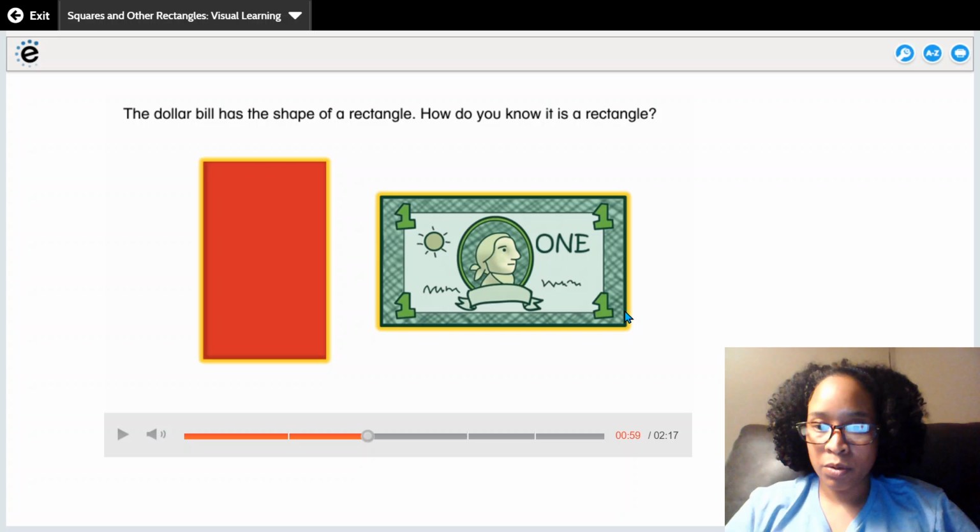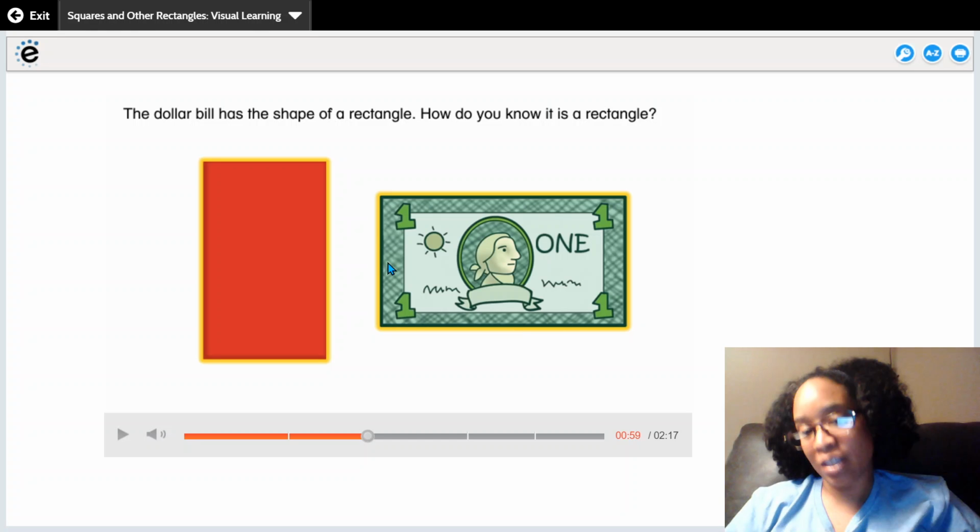And these two short sides, are they the same size? Yep. And are these two long sides the same size? Yes. Is it still a rectangle even though it is horizontal, left to right, and not vertical, up and down? Because the red rectangle is vertical. Is that dollar bill still a rectangle shape even though it's horizontal? Yes, yes it is. It has 4 sides and 4 vertices. The opposite sides are the same length.